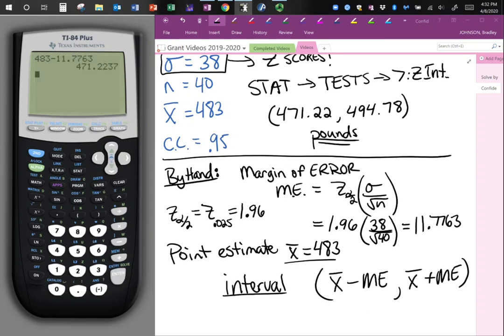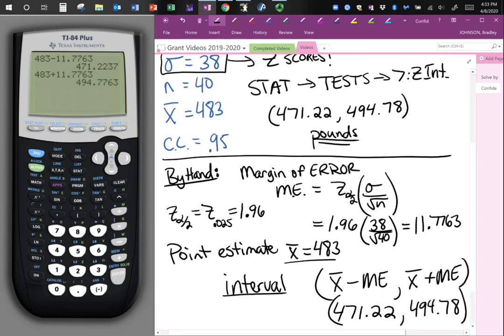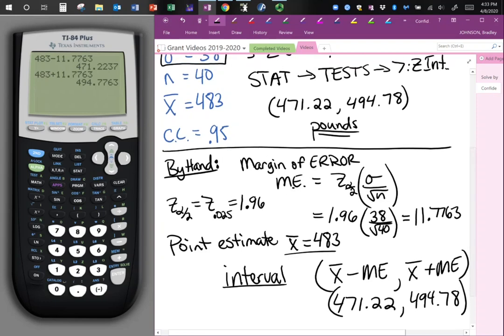That would leave us with 471.22. And we're happy with that. And if you take 483 and add 11.7763, that'll bring us to 494.78. That also matches our interval from before.